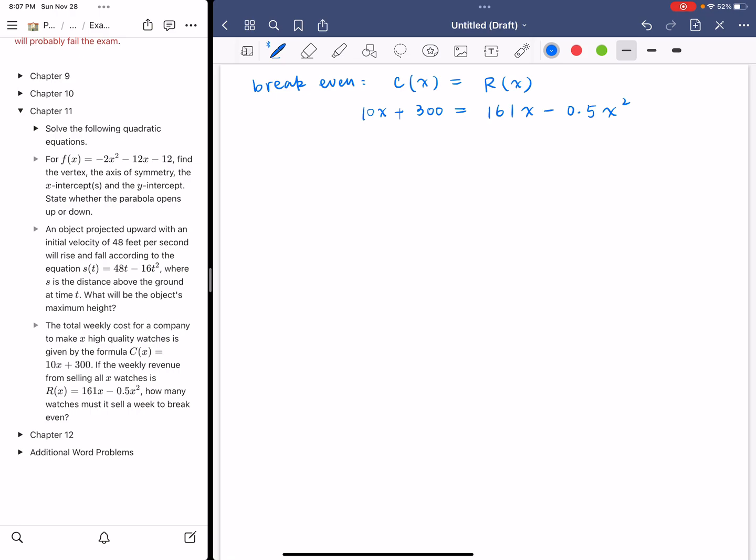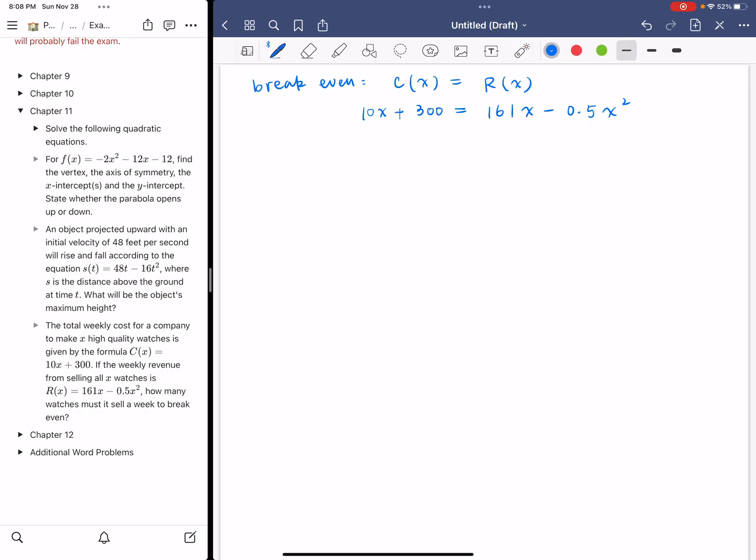For a quadratic equation, I always recommend that you put everything on one side of the equation, and 0 on the other side. Which side are you going to put everything on? You're going to look at the coefficient of your X squared. The coefficient of X squared right now is negative 0.5. We usually want it to be positive. So that means we need to move these two terms to the left-hand side.